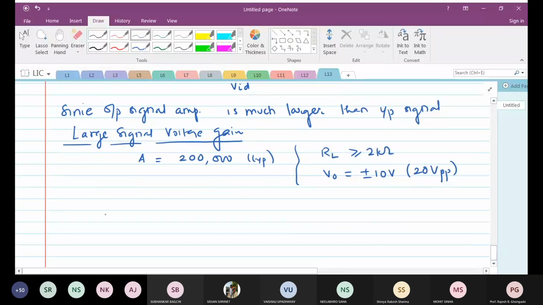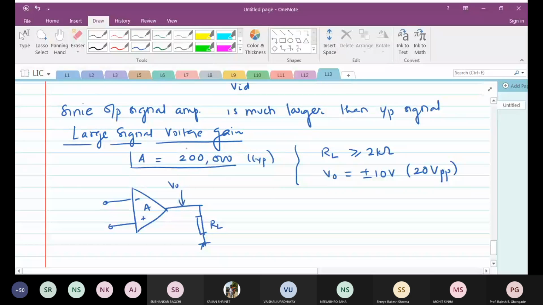It simply means that if you are a manufacturer and you want to measure the open loop voltage gain of this amplifier that you have designed, you must have a load, and if this load is greater than 2 kilo ohms, and your output voltage is plus minus 10 volts, then the gain happens to be this very large value. This is called the large signal voltage gain.